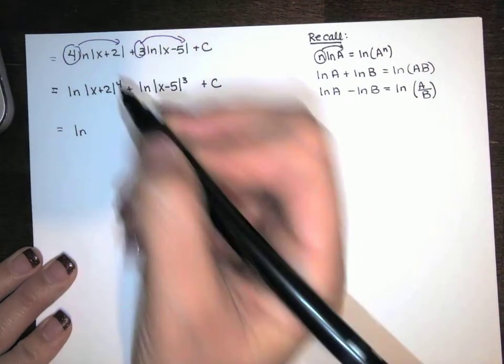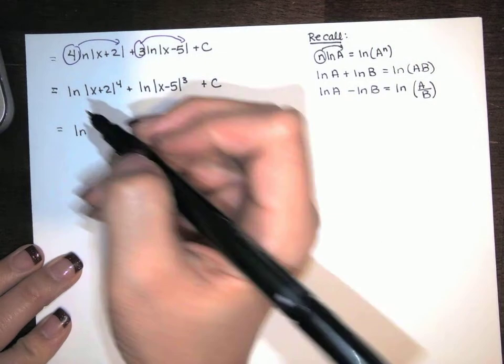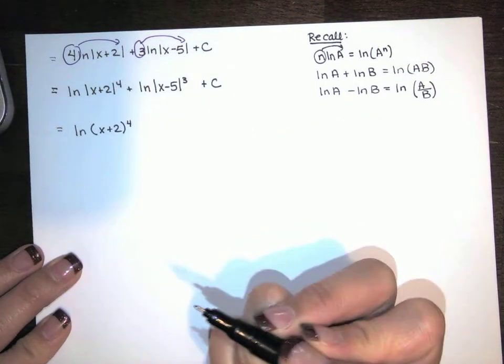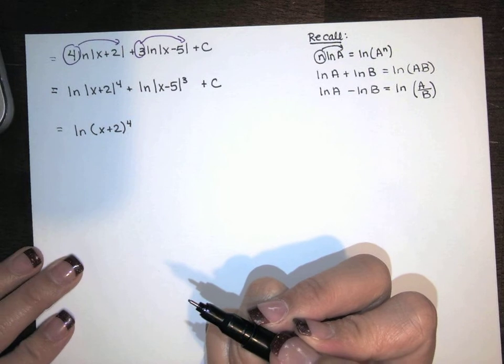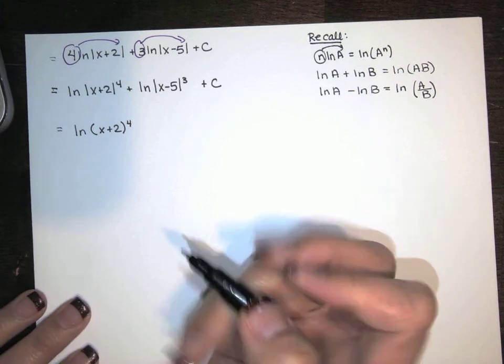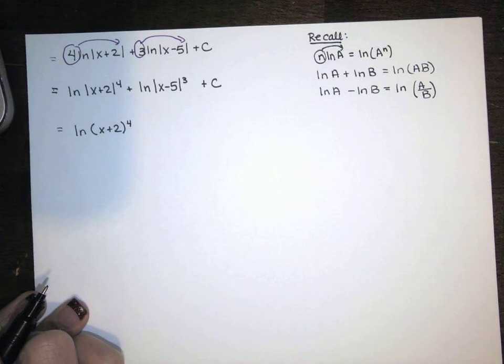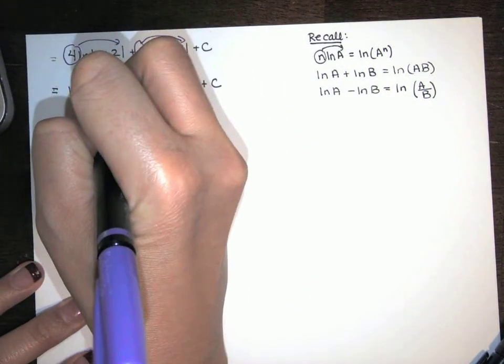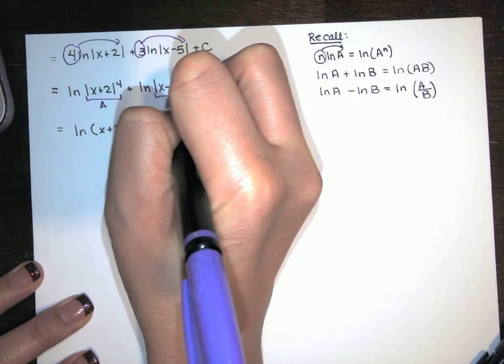And the absolute value of x plus 2 raised to the 4th is the same as x plus 2 to the 4th. Any number to the 4th, whether it's positive or negative, is still going to be positive when we raise it to the 4th. So I don't really need the absolute value bars there. So this is my a, and this is my b.